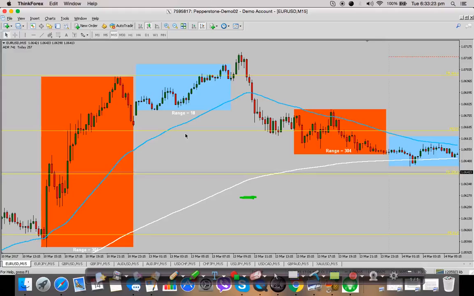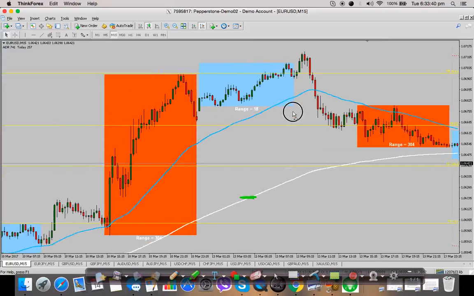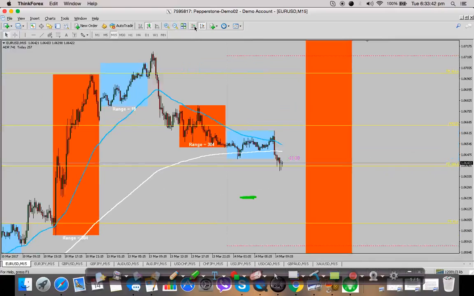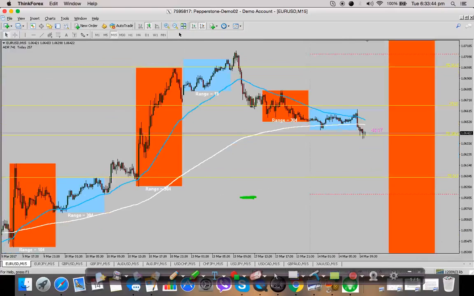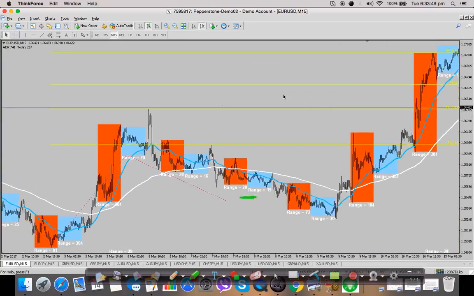For me personally, whichever one's going to move quicker and with more strength, I'd like to go with that one. So if you were to take a trade off this one in particular, you would have entered there, and that's 20 pips for you in 45 minutes. That's how we're doing it. That's all we're doing. And this, in short, guys, is how we utilize the Fibonacci expansion and retracement tools.